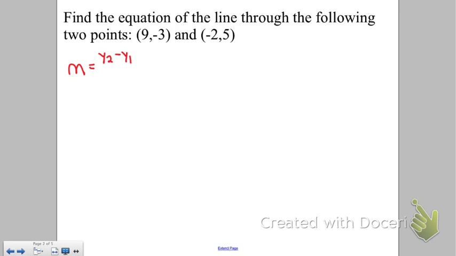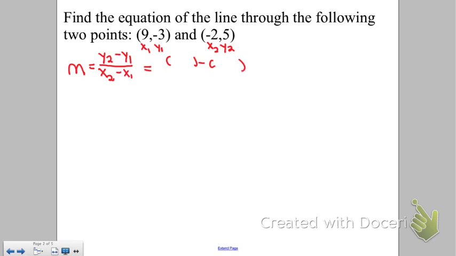M equals y2 minus y1 over x2 minus x1. I'm going to label my 2 points x1, y1, x2, y2. It does not matter how you label the points, just as long as the x1 and y1 are together, and x2 and y2 are together.